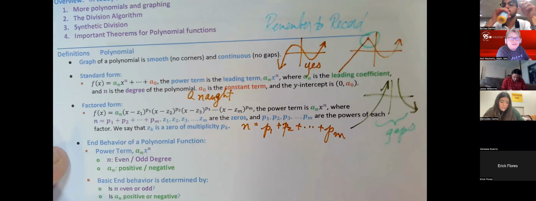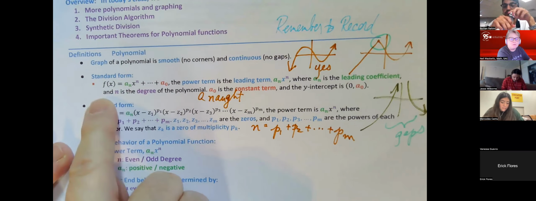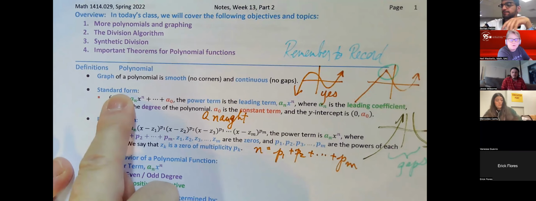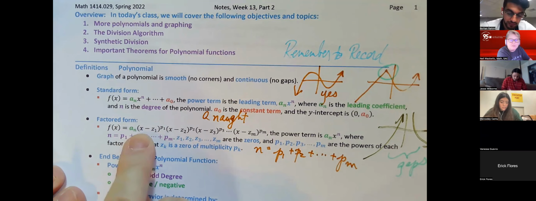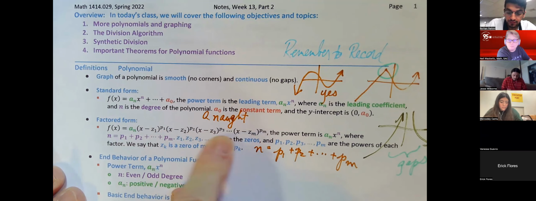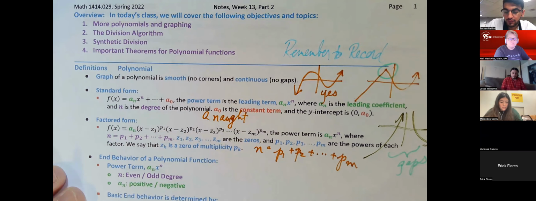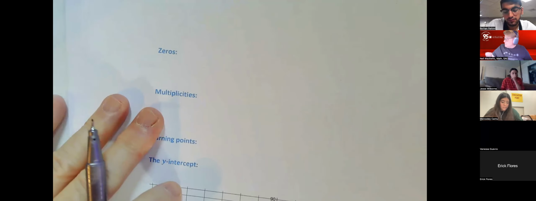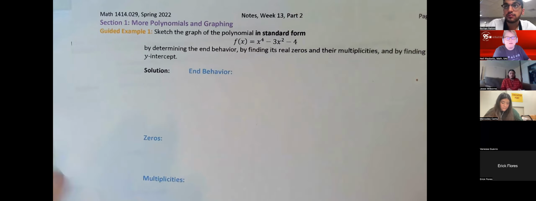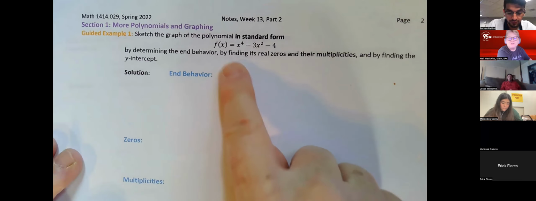So we really need to know when we look at a polynomial whether it's in standard form, where everything is added or subtracted, or factored form, where everything is multiplied. Here's a polynomial. What form is it in?